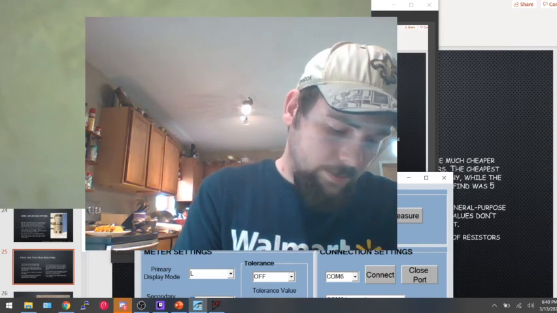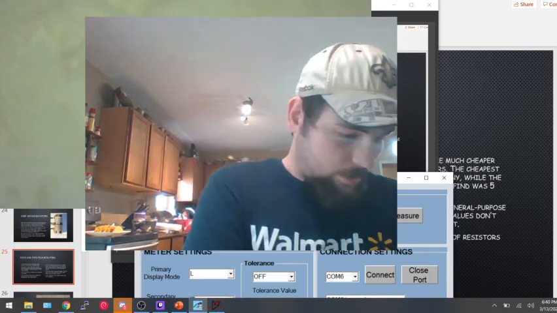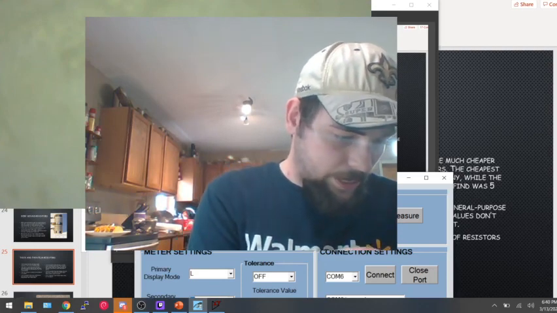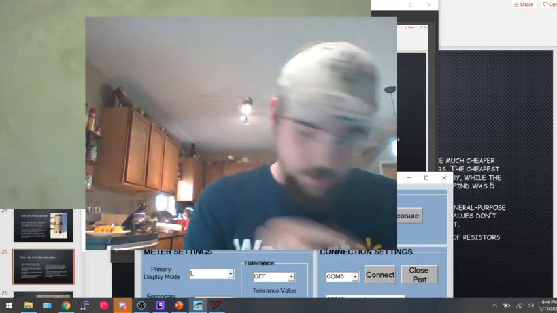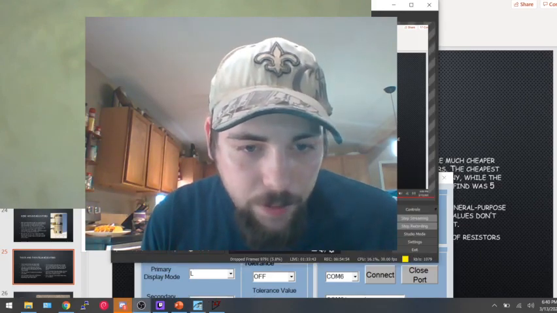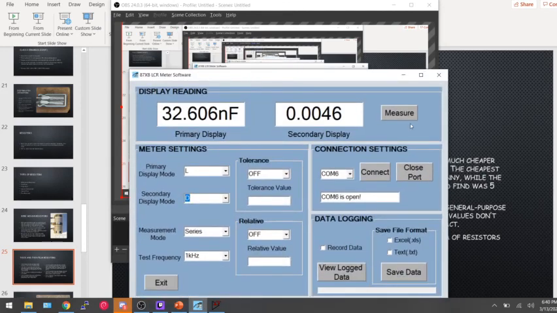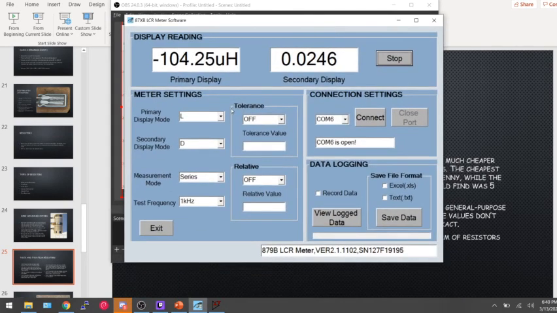So let me connect this, and then I'm going to switch over to display. Okay, display capture. Right. So, measure. As you can see, the negative means it's essentially fooling my meter. And if I change this down, there's no possible way that it's at 3 millihenries.